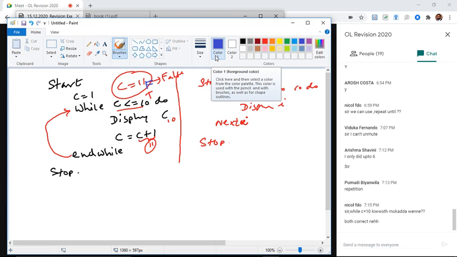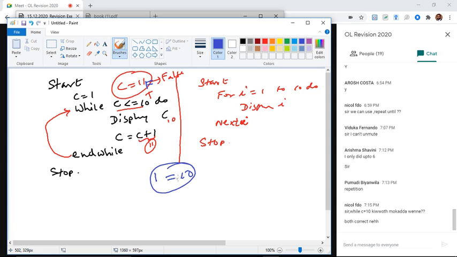C is 1, c less than or equal 10. Then if we take 1 equal 10, is that correct? False, no?